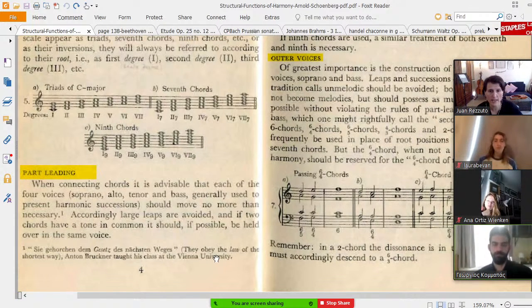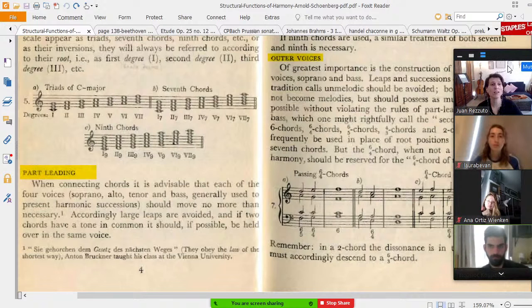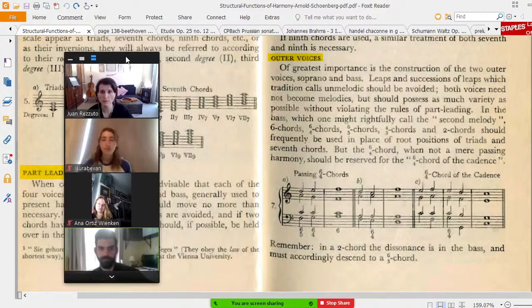So they obey the law of the shortest way. Anton Bruckner taught this in his class at the Vienna University, and I believe Anton Bruckner was a good musician, so we should follow his advice.